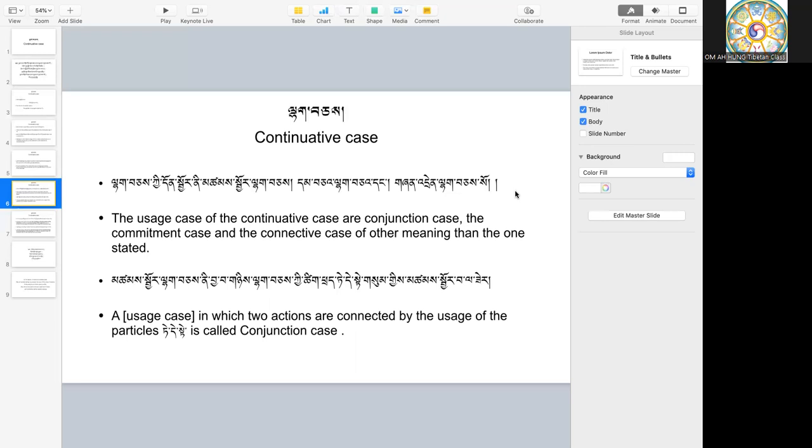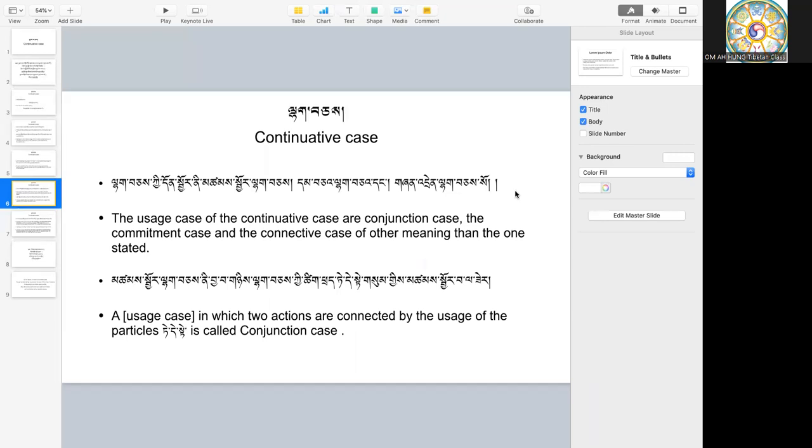So we see that the first action was the lighting of the fire. The second action, as we see, is the accumulation of heat. So therefore, we understand that there are two actions.